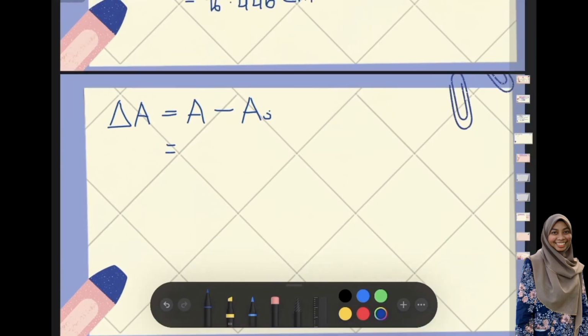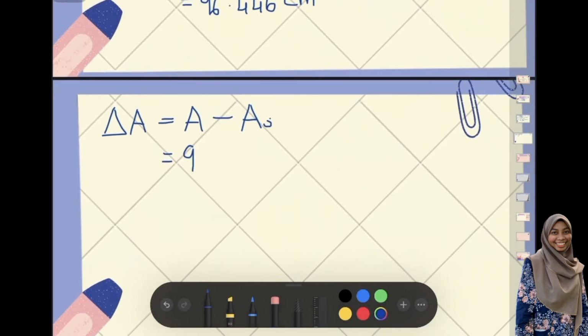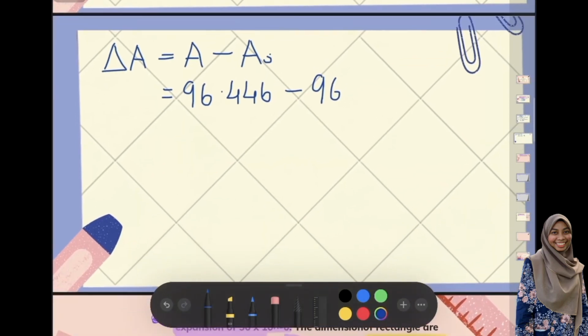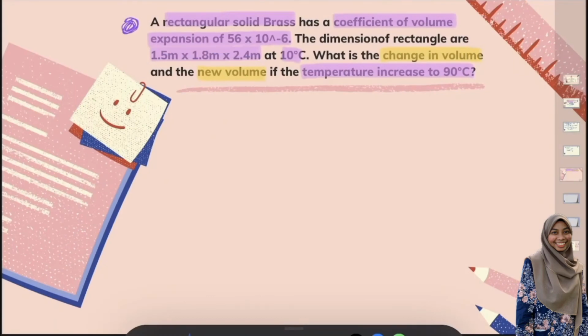So the A just now is 96.446 minus A naught is 96. Okay, the answer is 0.446 centimeter square. So this is the final. Let us move to the next question.